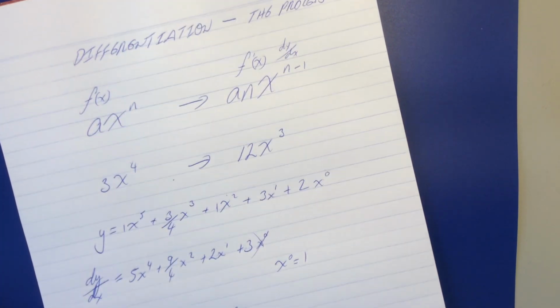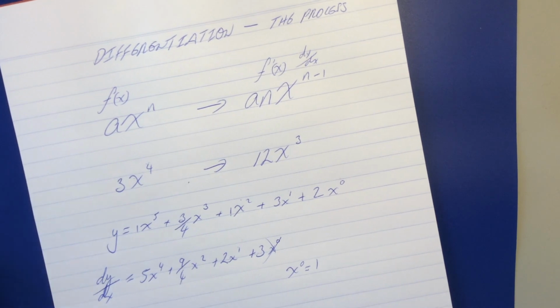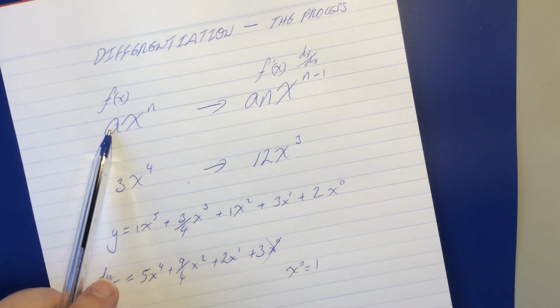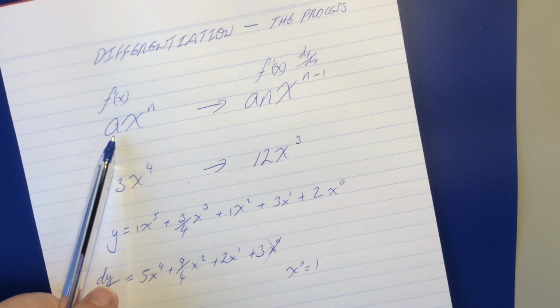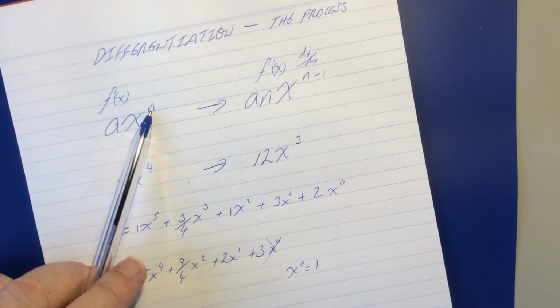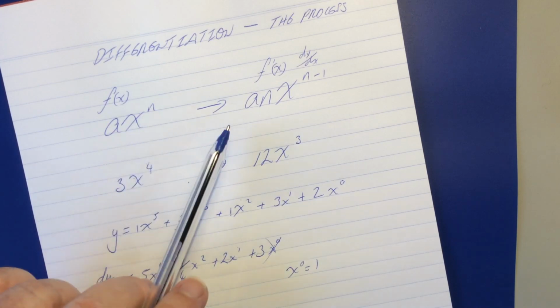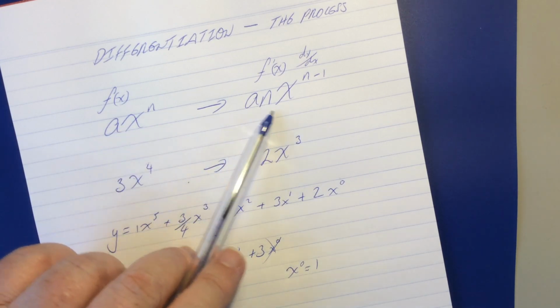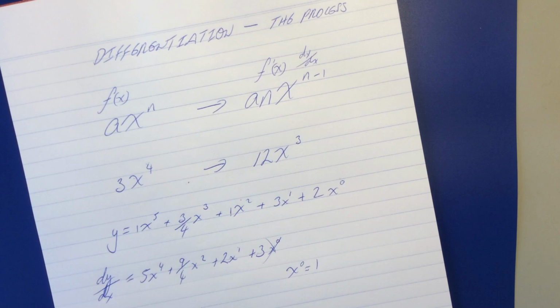But let's just go back and restate the basic idea. You start off with an expression like this. It's got a coefficient. That coefficient might be 1, so you might not see it. It's got a coefficient, it's got a pronumeral, and it's got a power, an index. And what you do is you multiply that coefficient by the index, and you subtract 1 from the index. That is all you do. It is very, very simple and straightforward.